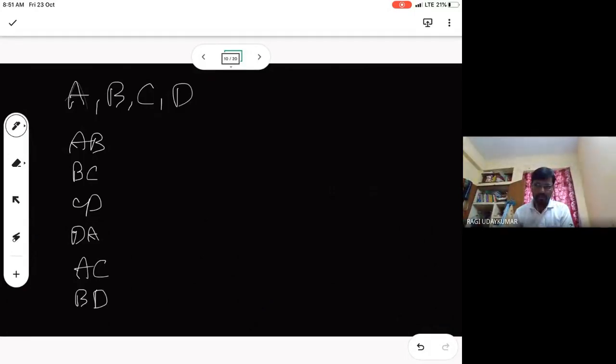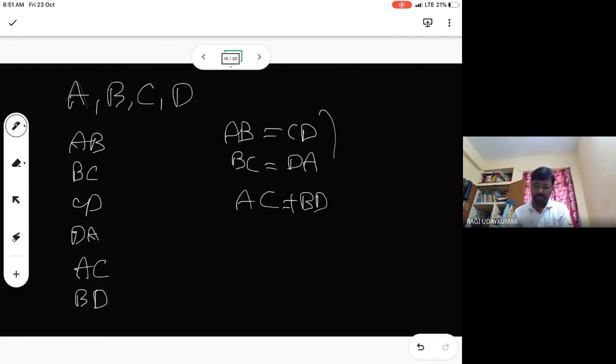If you get AB is equal to CD, BC is equal to DA, opposite sides are equal, and AC not equal to BD. In this case, not equal आया तो देखो ये parallelogram में ये diagonal length not equal होता है, so it is a parallelogram.